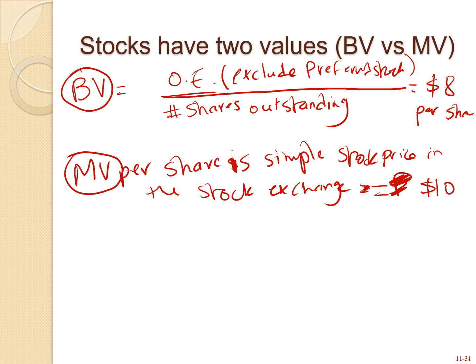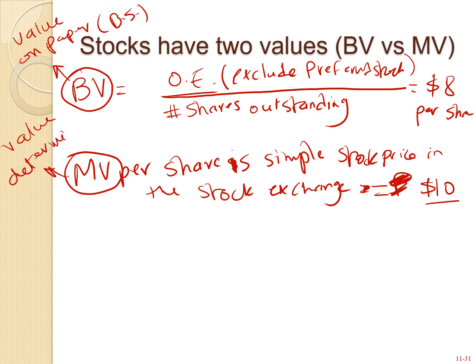When the stock is trading above its book value, and when we say book, this is value on paper in the financial statements, in the balance sheet. And this is the value determined by investors due to demand and supply. When the market value is greater than the book value, their ratio will be greater than 1.